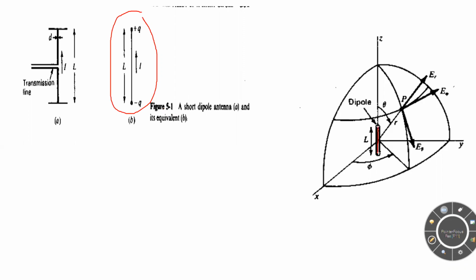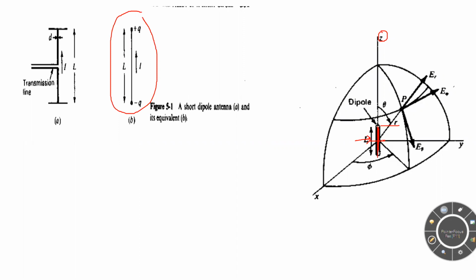So this is the short dipole, which is placed along the z-axis, and it is placed in such a way that z equal to 0, that is the origin point, forms the midway of this dipole.